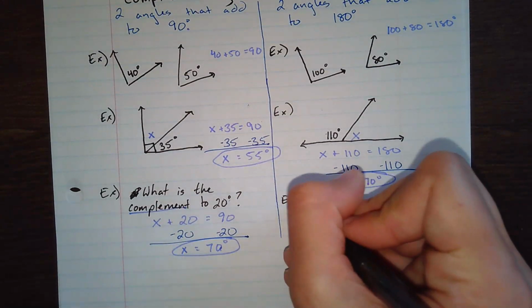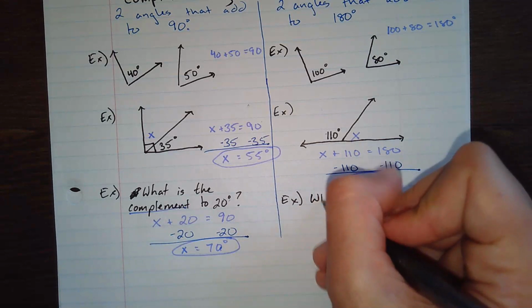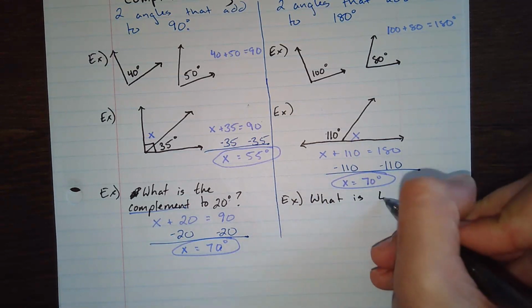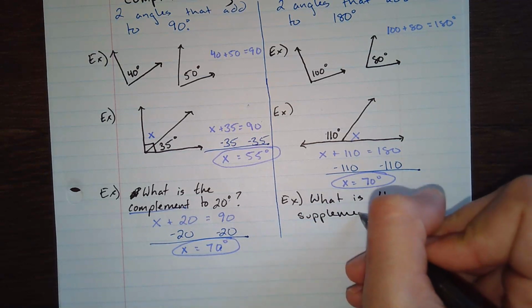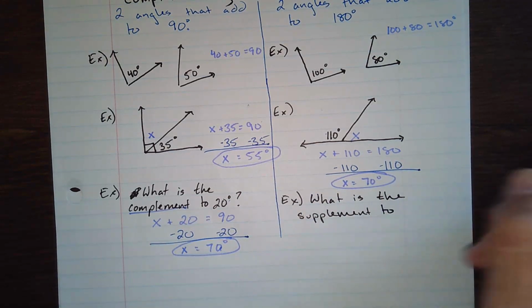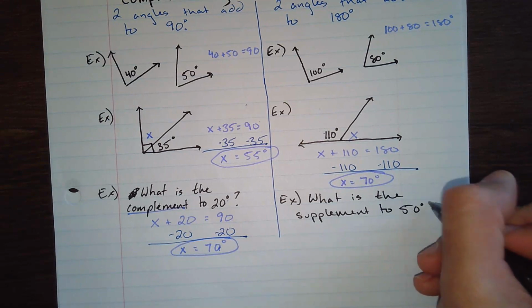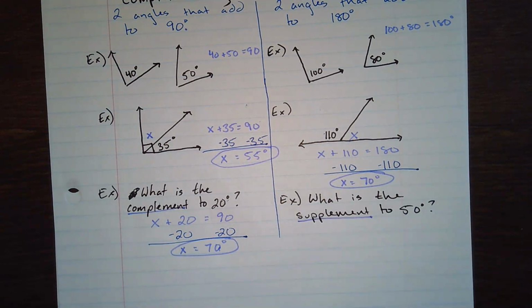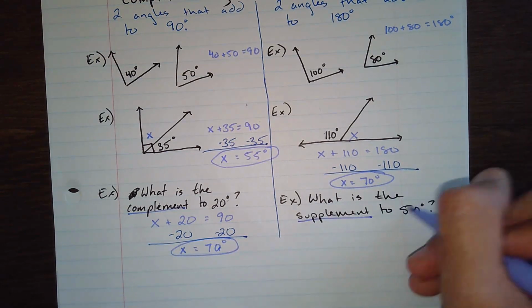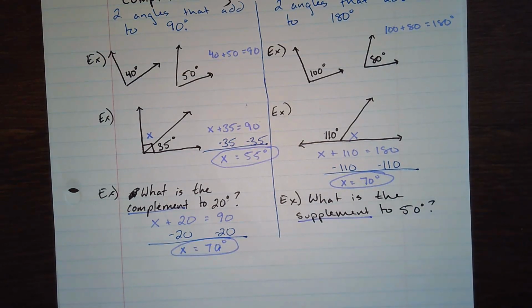Or lastly, just like this one, we might say what is the supplement to 50 degrees. Well, supplement means adds to 180. So something plus 50 has to get us to 180.